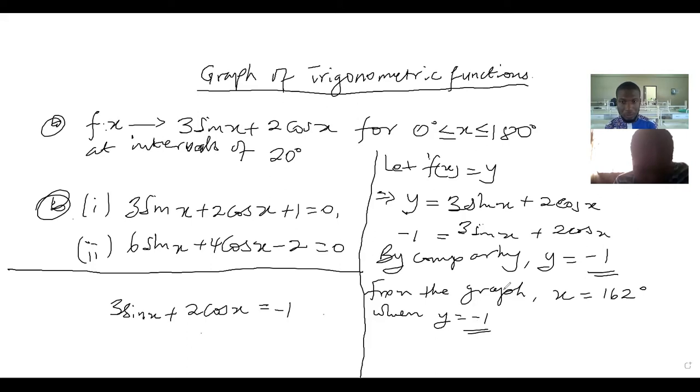Okay? So they said we should write it as the true set. So the true set would be x such that x equals 162 degrees. So that is how we go about the very first one.